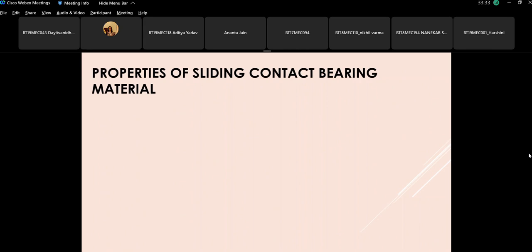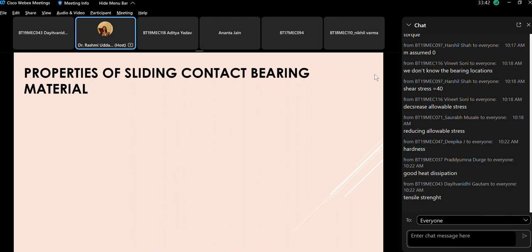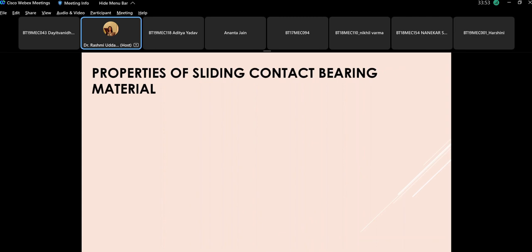Heat dissipation capacity. A material having good heat dissipation capacity. What does that mean? What property should it have? Good thermal conductivity, yes. Tensile strength. Do you think it is subjected to tension?